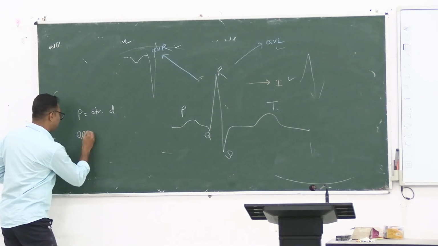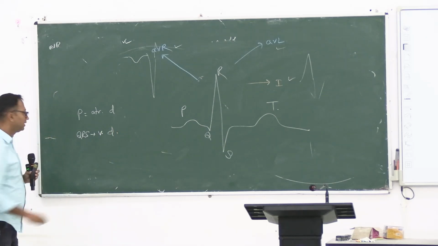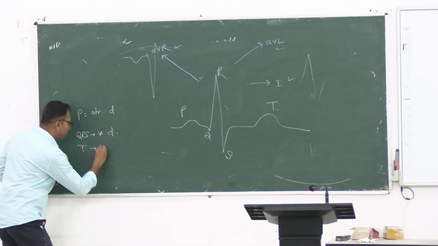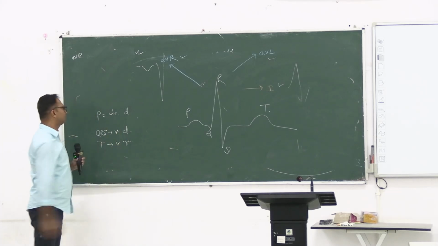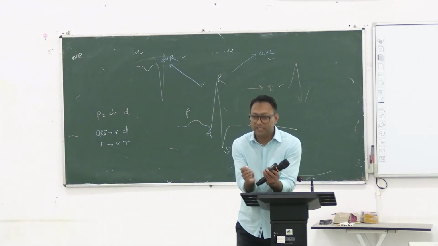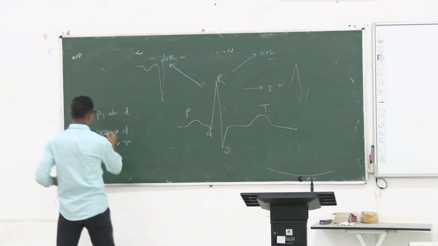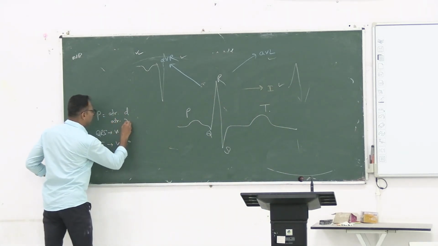QRS is for ventricular depolarization. T is for ventricular repolarization. Now tell me, where is atrial repolarization? AR, atrial repolarization.